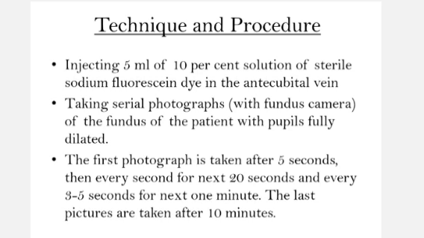Serial photographs are taken with the help of a fundus camera, with the pupil fully dilated. Before this test, the patient's eyes should be fully dilated, and after injecting the 5 ml of 10% sodium fluorescein, we have to take serial, multiple photographs.